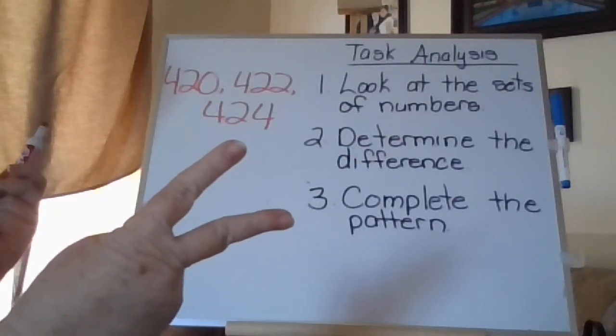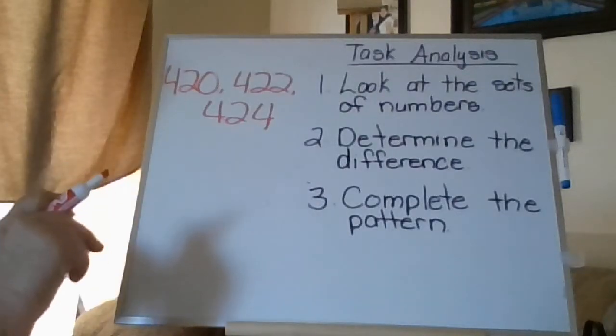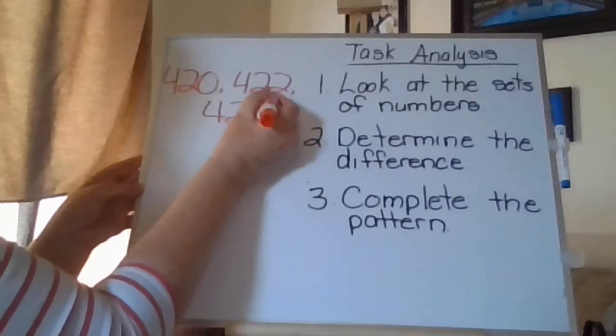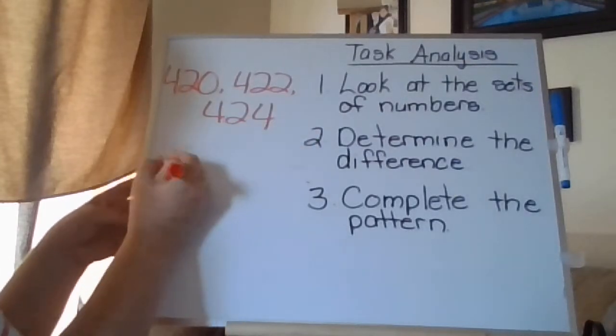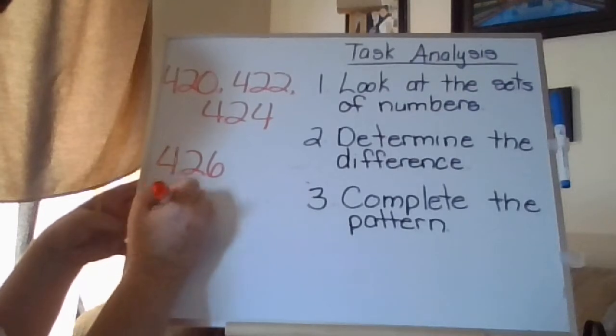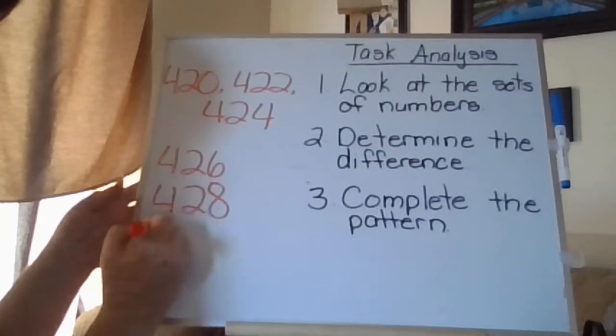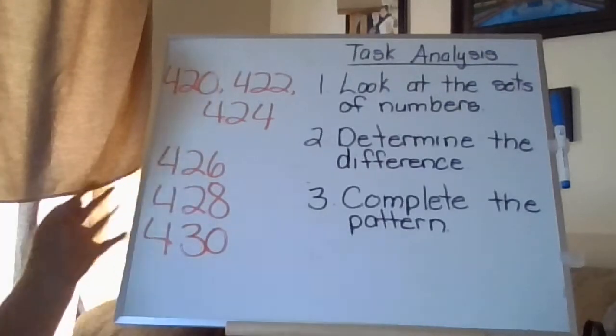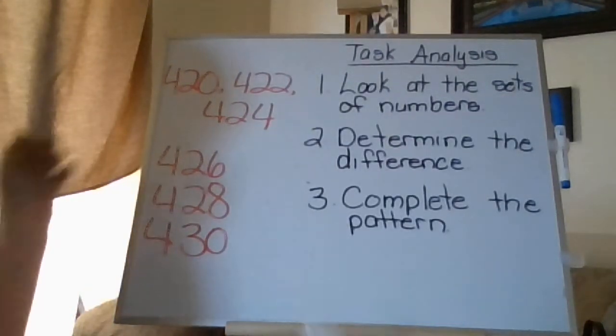What's the difference? 2. So we are skip counting by 2s. So let's do it. 420, 422, 424, 426, 428, and 430. Great job. Great job.